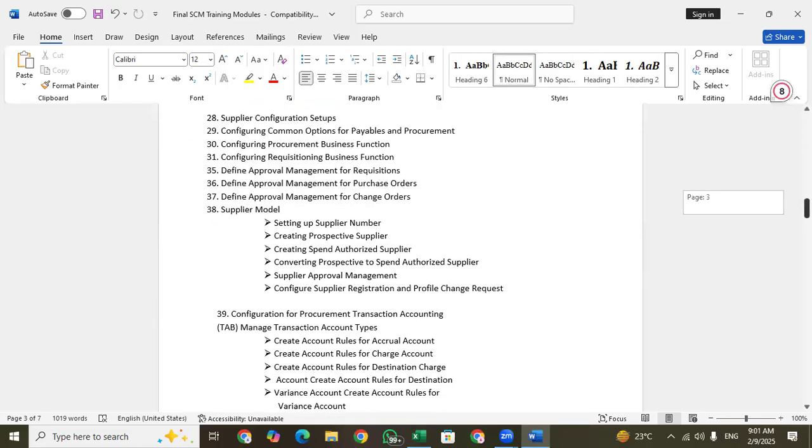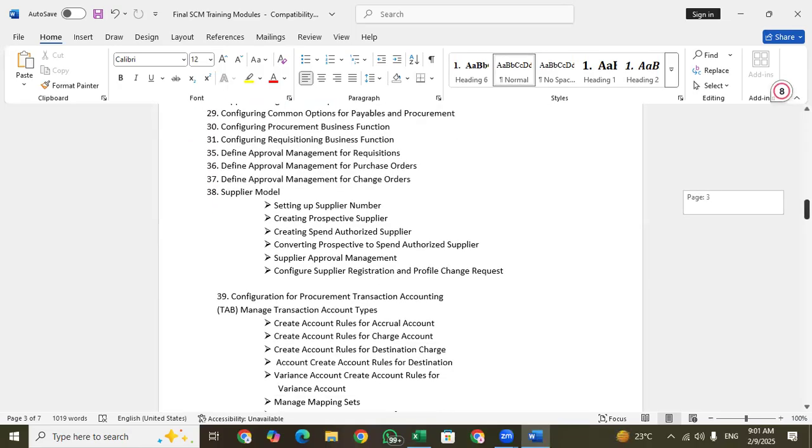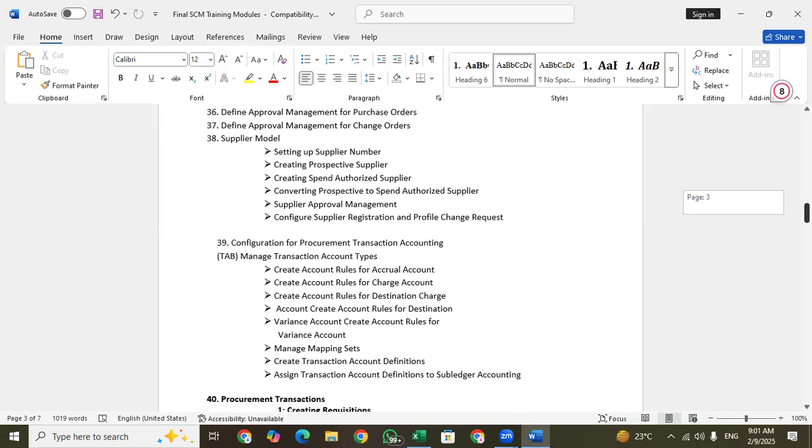So for example, you are purchasing 100 laptops for your organization. How does the system know you are purchasing for so and so purpose, for so and so department? There are a lot of departments at the business level, right? Administration department, accounting department, HR department, cleaning department, maintenance department. So what department is buying this material?